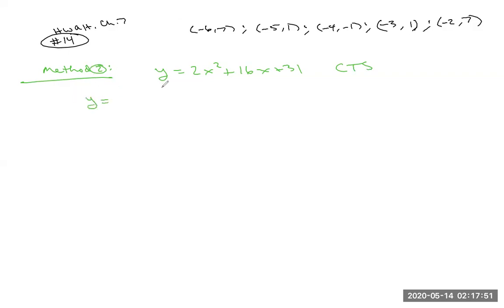So your first step is to factor out the coefficient in front of x squared. And you're going to factor it out of both the x terms, essentially.